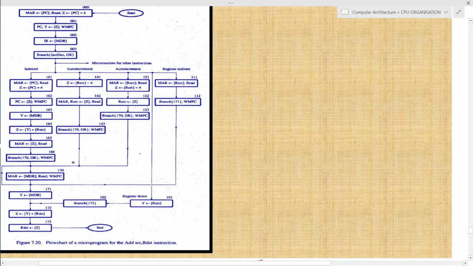So the successive control words will be fetched from location 162, 163, and so on. So a branch instruction will occur when the addressing is indexed.